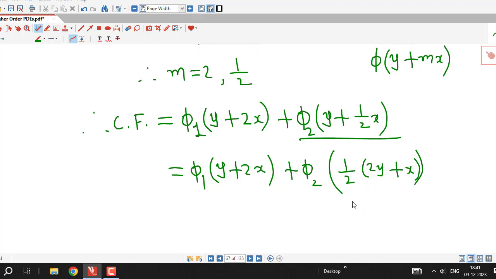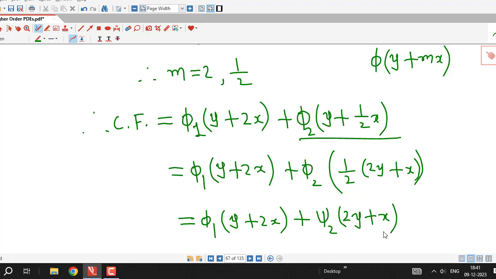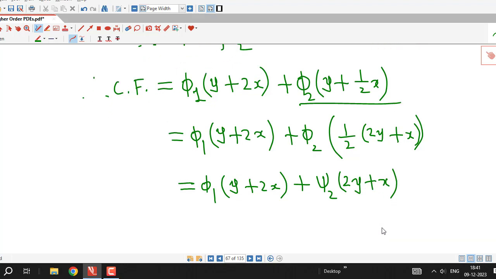Here 1/2 is a constant, so we can use another notation for this function of 2y + x. Instead of phi 2, say we consider psi 2, a function of 2y + x. This is the complementary function of the given non-homogeneous equation.